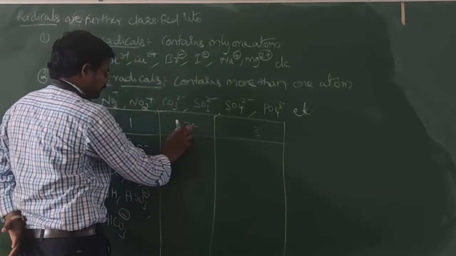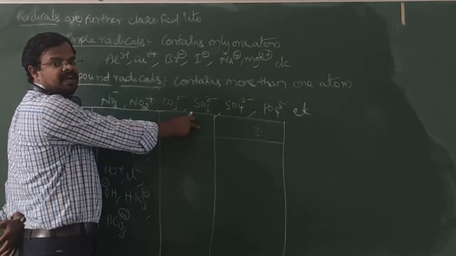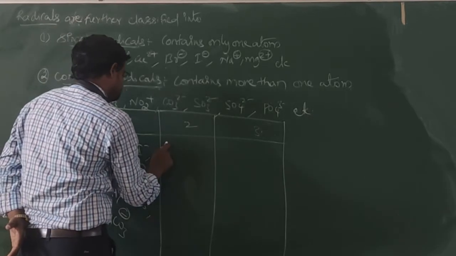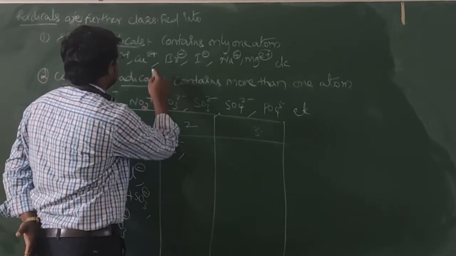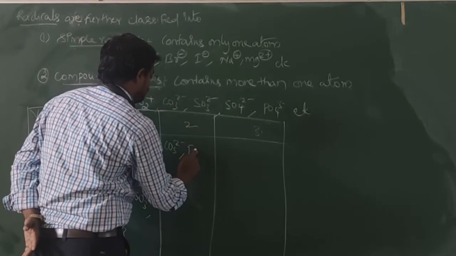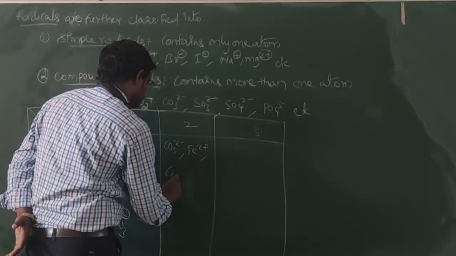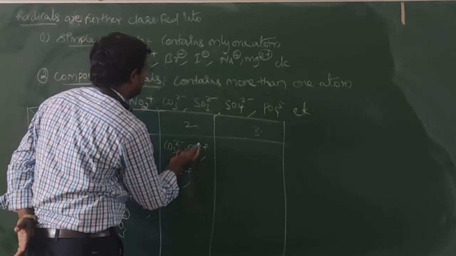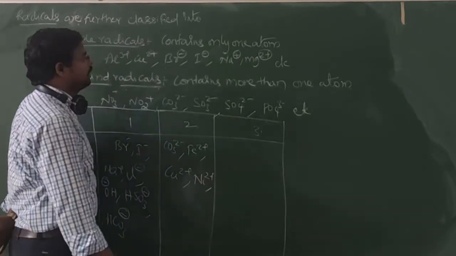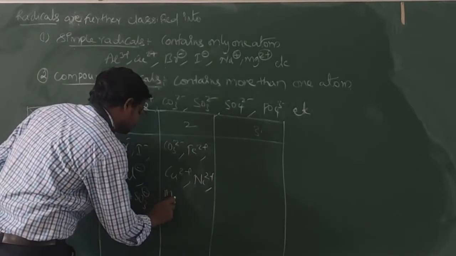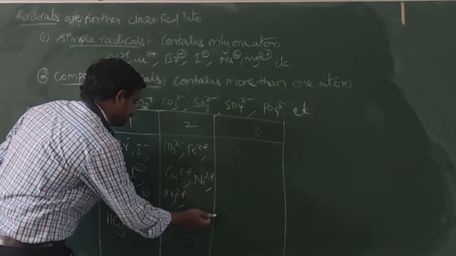Radicals whose valence is 2, or bivalent radicals, are CO3 2 minus, Cu2 plus, Fe2 plus, Ni2 plus nickel, Mg2 plus.